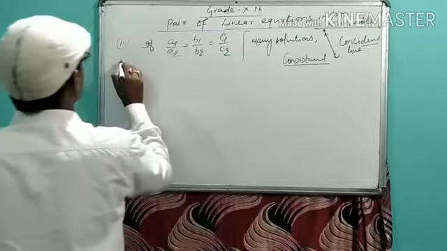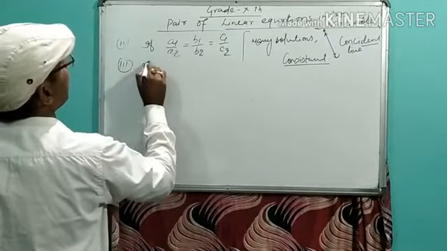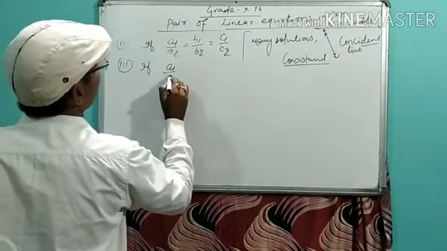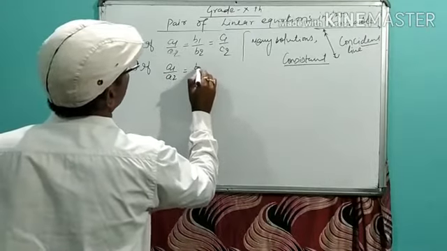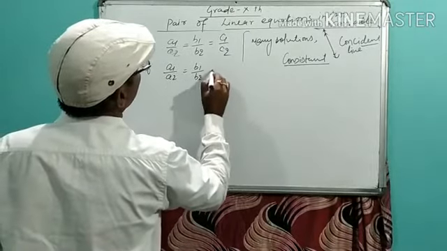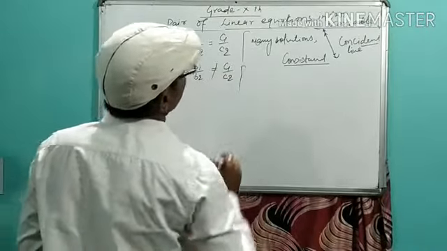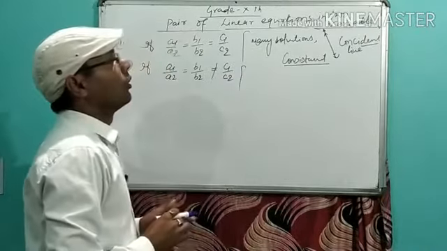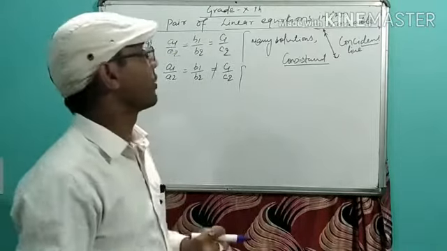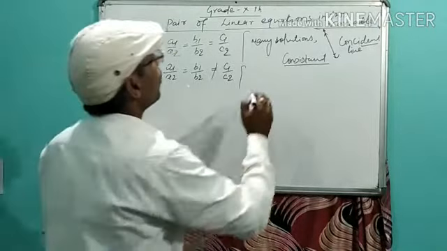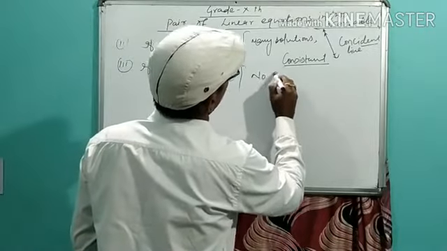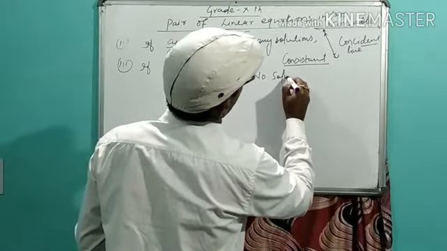And the third case, if a1 by a2 is equal to b1 by b2 is not equal to c1 by c2, in this condition, no solution will be there.